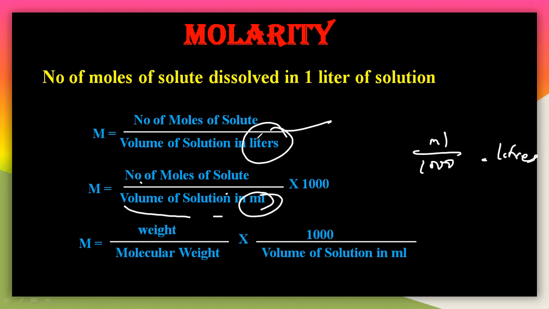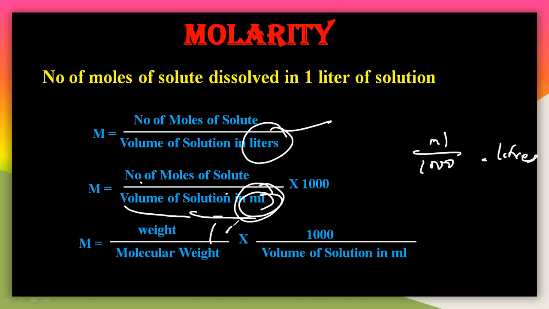Why are we dividing by 1000 here? ml means milli, which is 10 to the power of minus 3, and here we need liters. So simply remember that if a particular solution volume is given in ml, you multiply by 1000.